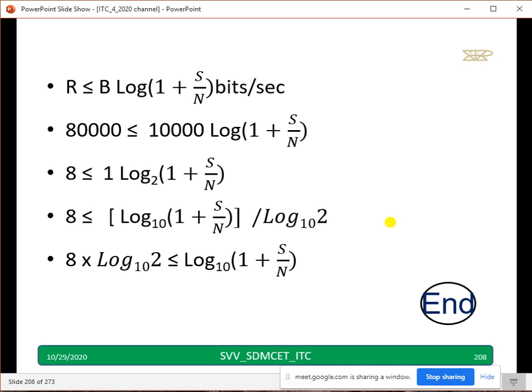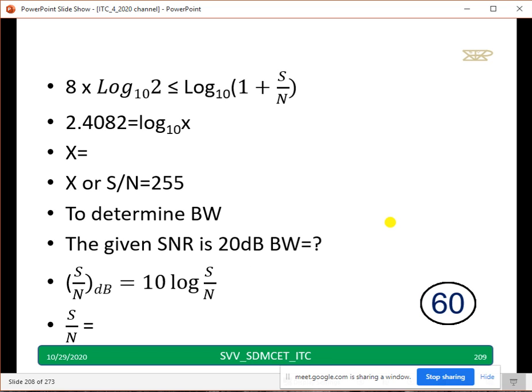Okay. Geeta has typed. Very good. So, what I get, Shivani is typing 2.4082 is equal to log x to the base 10. Now I will calculate this completely. Okay, x equal to how much?